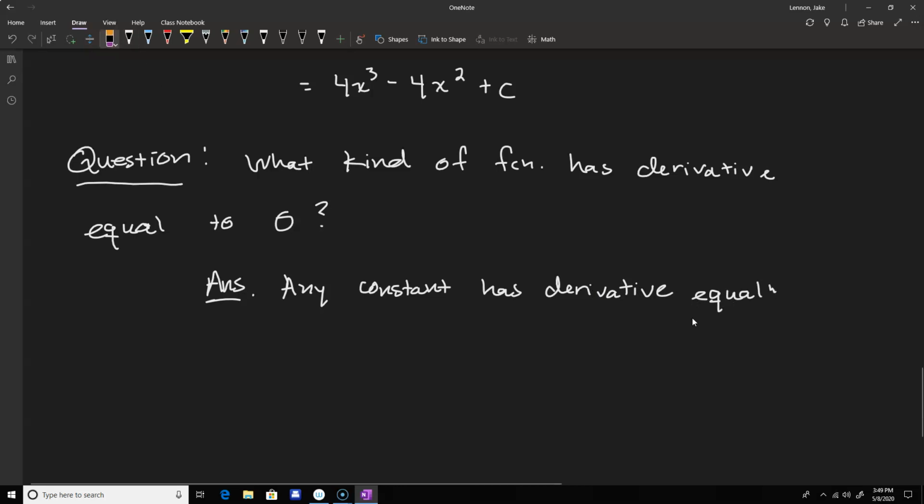So that's one reason that we're always sticking a constant on the end to represent the family of general antiderivatives. And those are the only functions that have derivative exactly equal to 0 over their entire domain, over all real numbers.